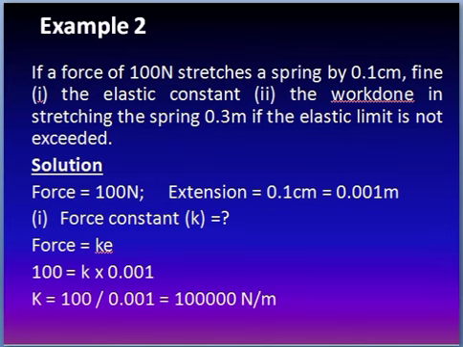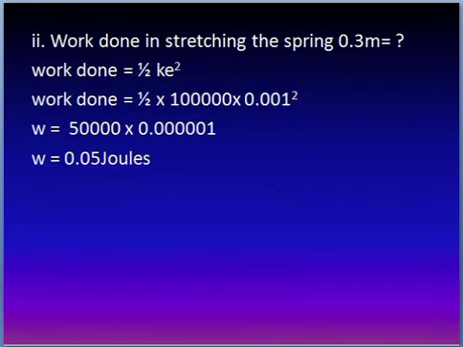By making K the subject of the formula, which means dividing both sides by 0.001, we end up having our K given as 100 divided by 0.001. And when that is done, our final answer for our elastic constant will be 100,000 Newton per meter.